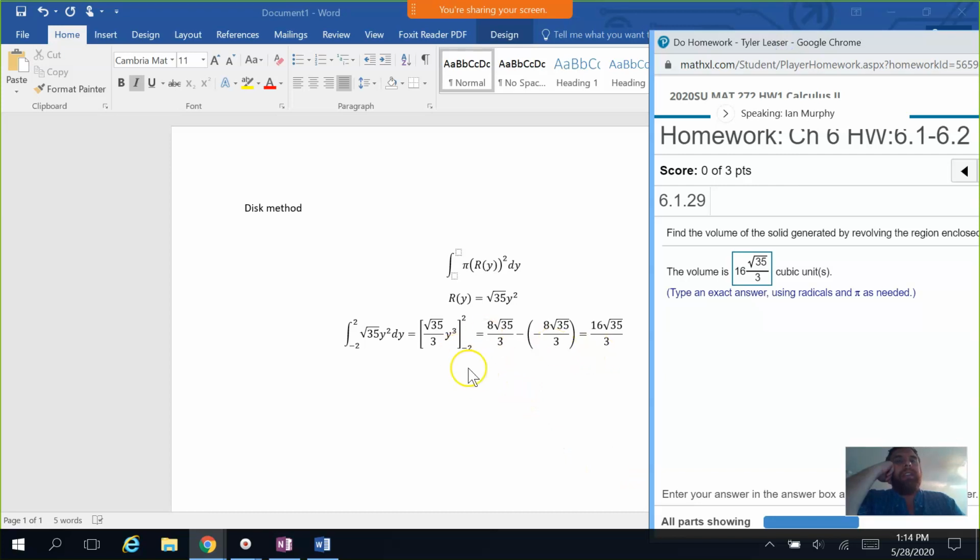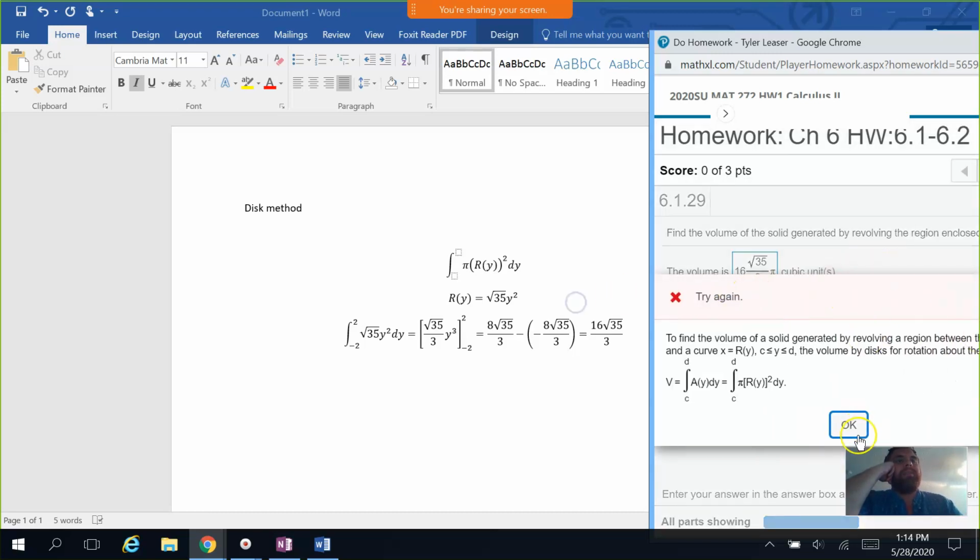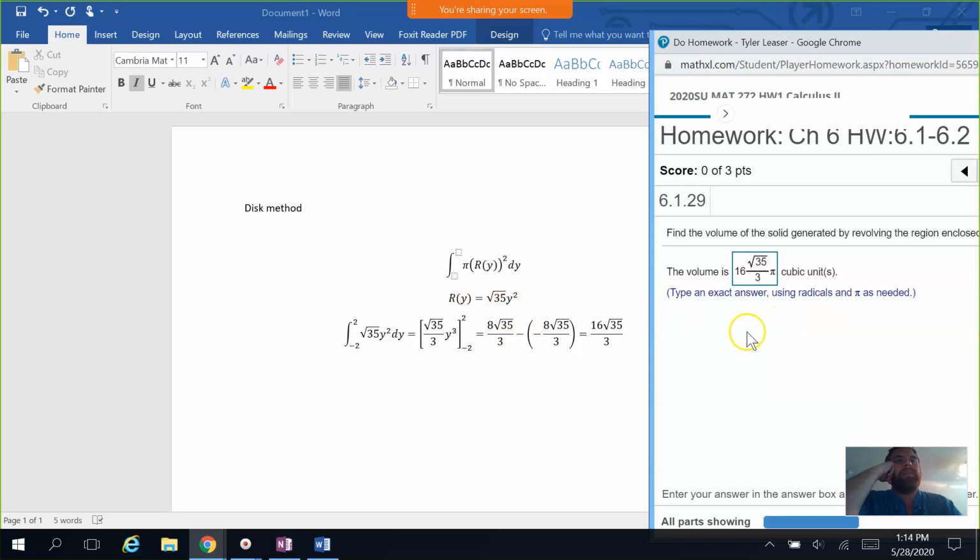There's some little mistake here that I don't see. Oh, I forgot my pi. That's what it was. Somewhere I dropped the pi along the way. Nope, that wasn't it either. Does the 16 need to be up top with the root 35? It shouldn't matter.